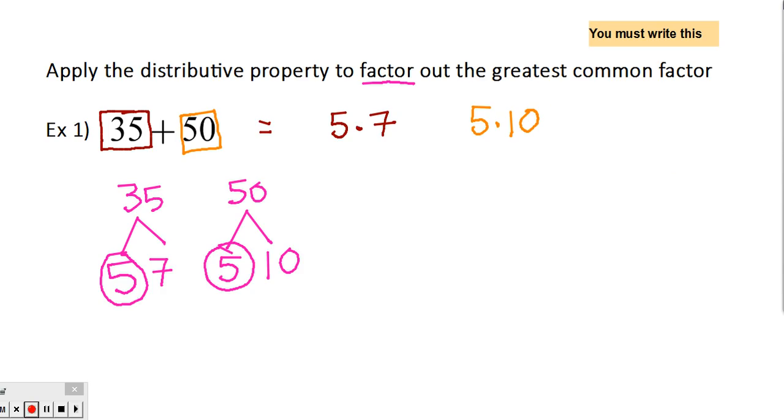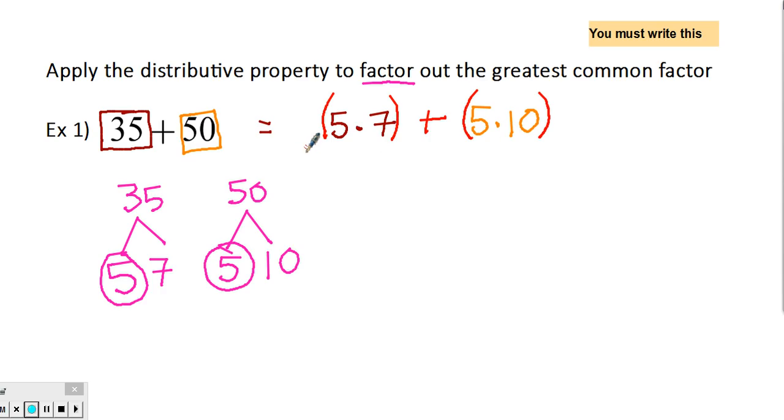And of course, I am adding them, so I could put a plus right there. And if I want, I could put parentheses, but of course, by order of operation, I would have to do multiplication first anyway, so you don't really have to put the parentheses, but I prefer doing it this way.